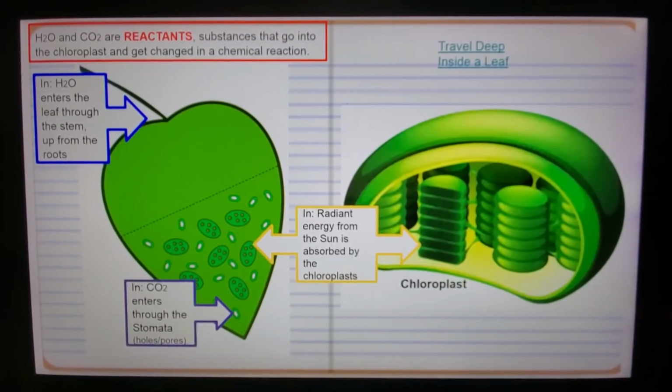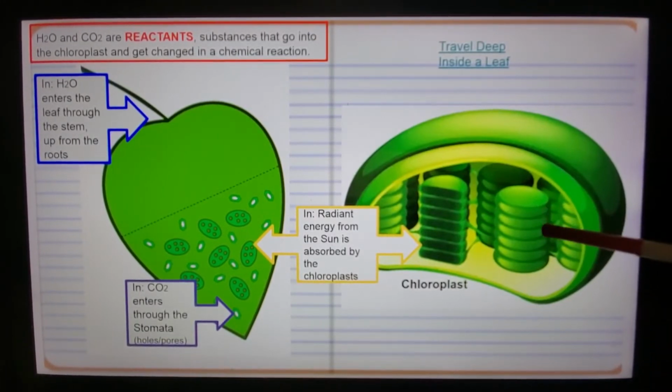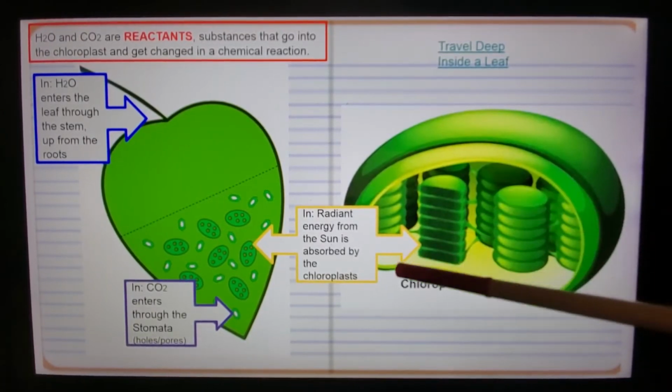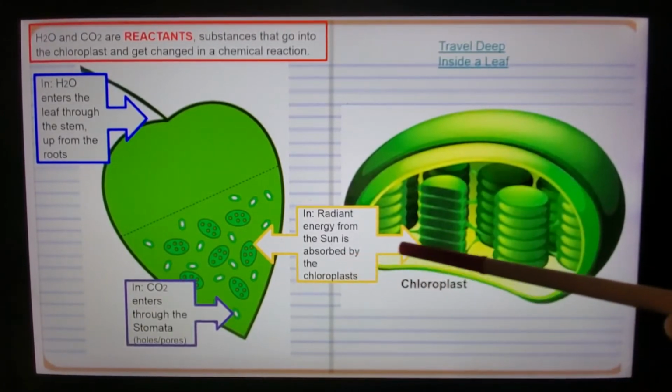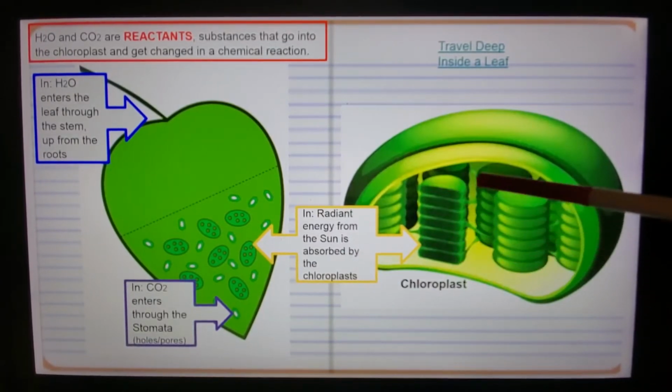And what I want you to see is that the same things that, of course, go into the plant, then go into the leaf, this is where all those ingredients, all those reactants actually end up in the chloroplast. So we have sunlight coming in, and it's absorbed by these little discs that sort of look like poker chips in the chloroplast.